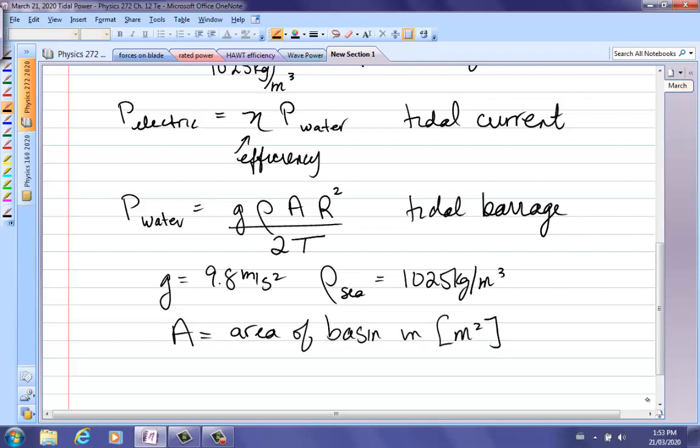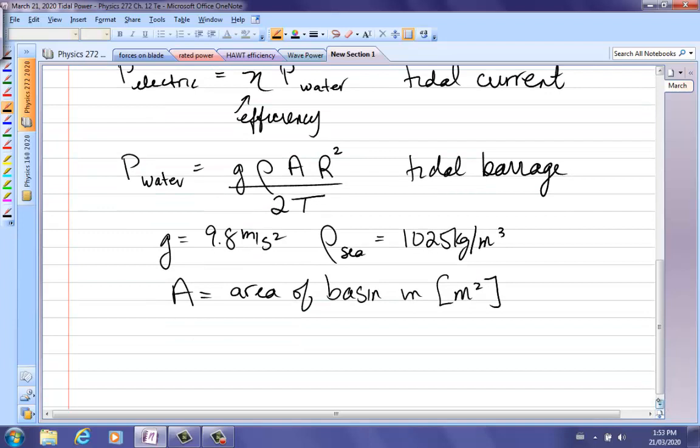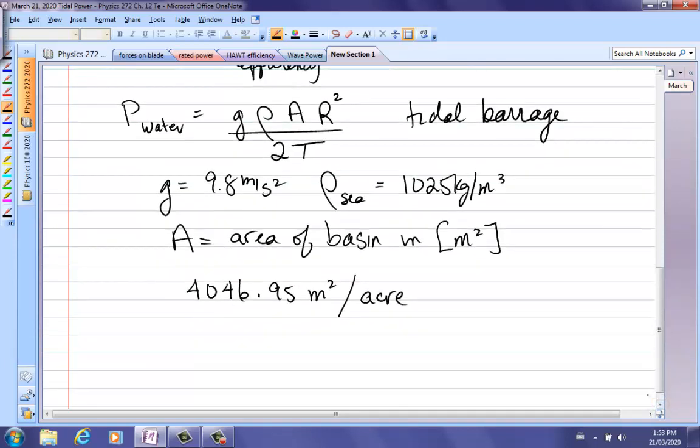Now often the problems, because they come out of American books, they'll give this to you in acres. So if you need to convert between acres and meters squared, there are 4,046.95 square meters per acre. Okay, that's a conversion that you're going to need.